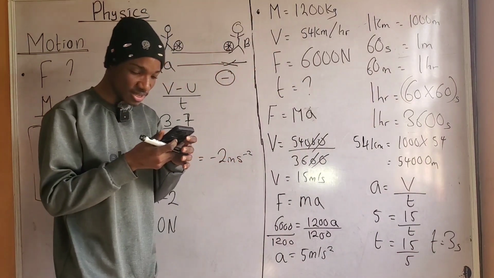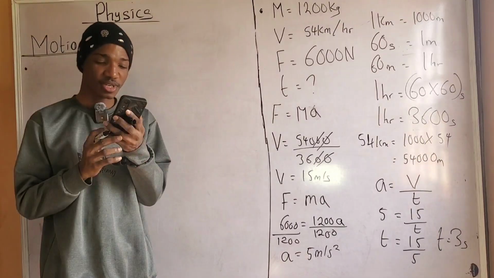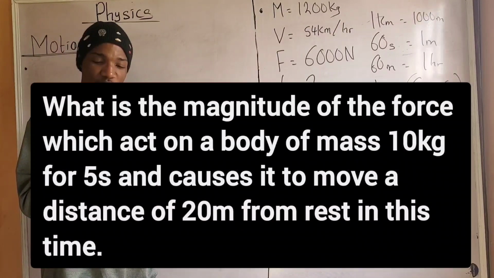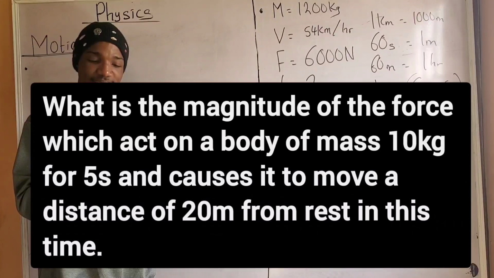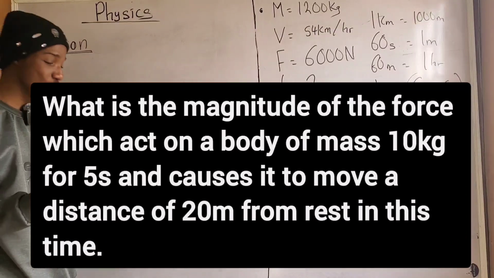Okay, let us look at more worked examples on Newton's laws of motion. What is the magnitude of the force which acts on a body of mass 10 kg for 5 seconds and causes it to move a distance of 20 meters from rest in this time? Okay, let's start by writing out the parameters given in the question.